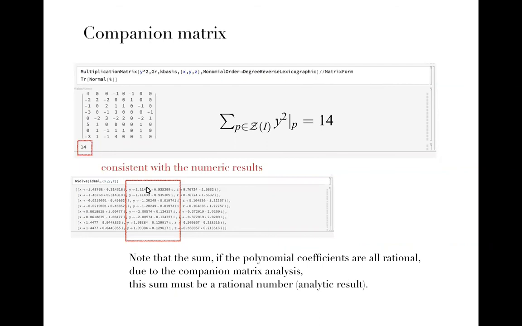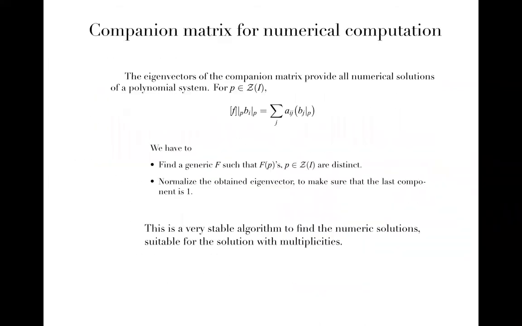So what can you do? Or sometimes the solver gives you the results, but you're not quite sure about the multiplicity. In this case, what you can do is just follow what I said.